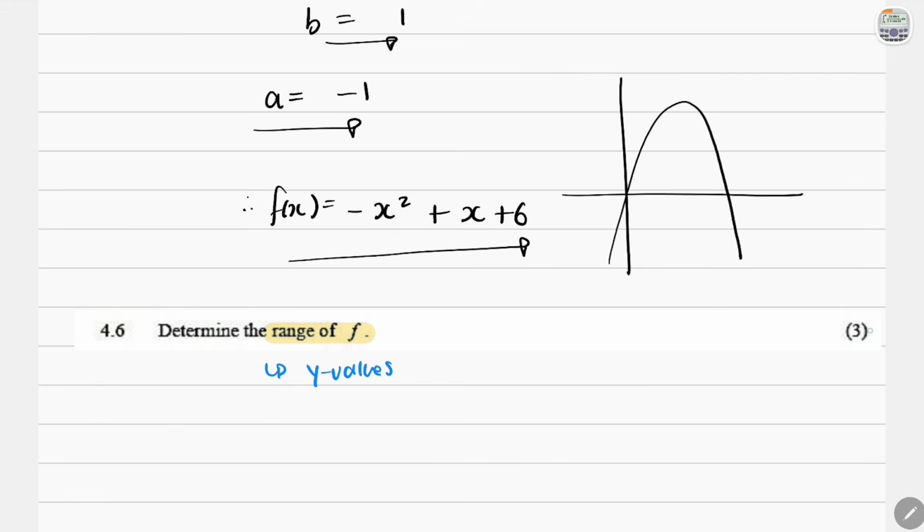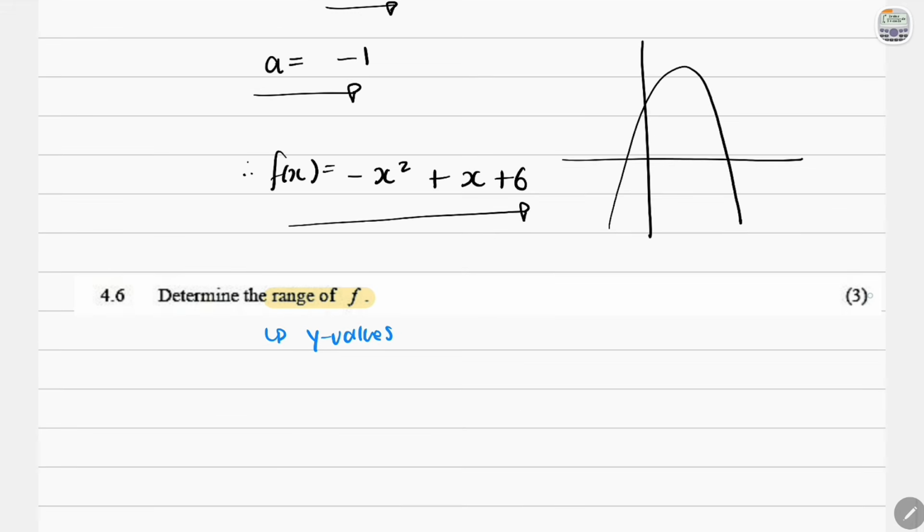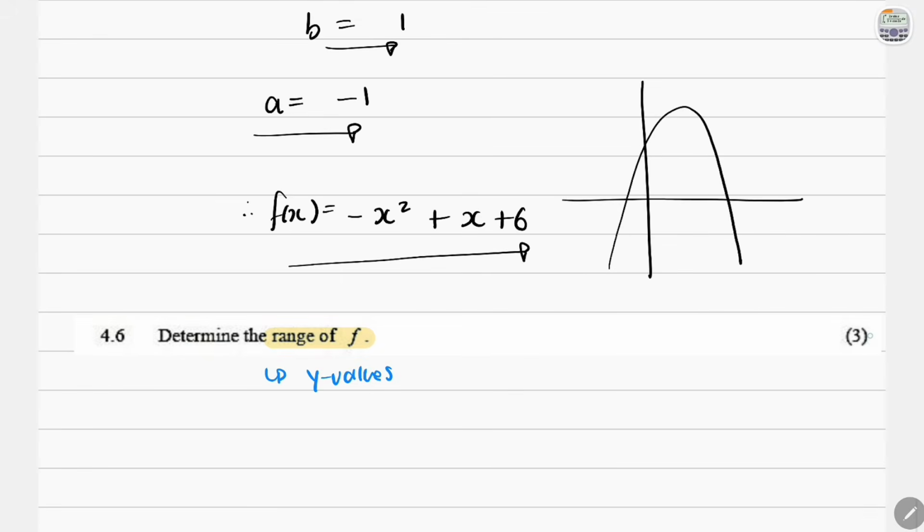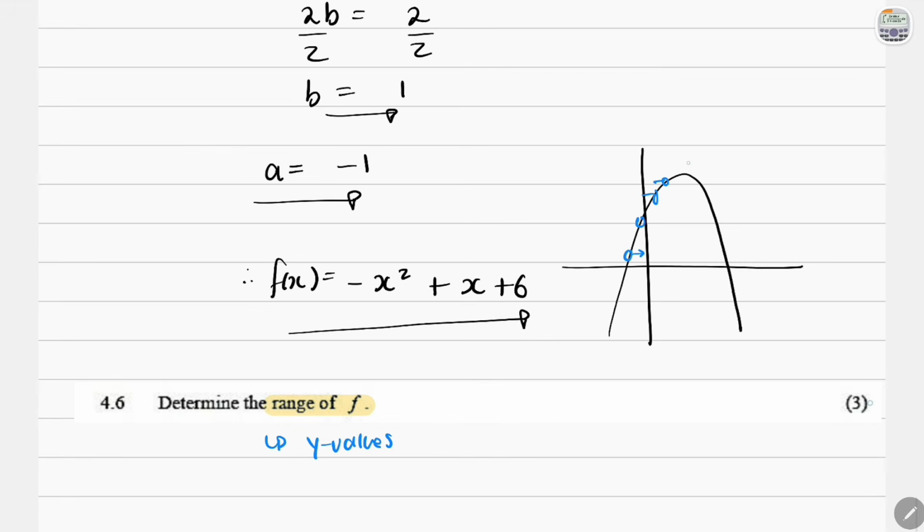And with this parabola, which actually looks like this, okay, with this parabola, you see that all the y values that exist for this parabola, look at where they are. If you look at various points, like this point has a y value over there, this point has a y value over there, you see that all through it's going to have y values for all the points that lie on this graph, except for everything above this turning point, because it's a concave down parabola.